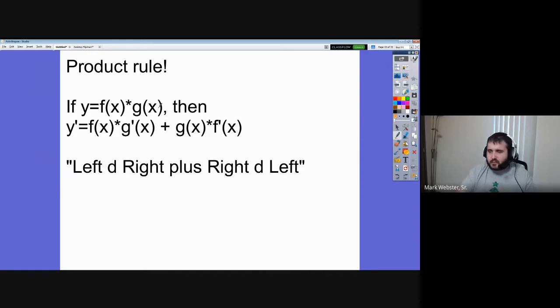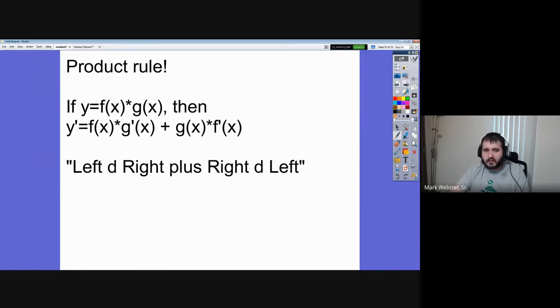Basically, if you've got two different things being multiplied together that have an x in them, you can sort of break them apart. So it's left times right here, if that's your thing. Then your derivative is left times the derivative of right plus right times the derivative of left. Left d right plus right d left.